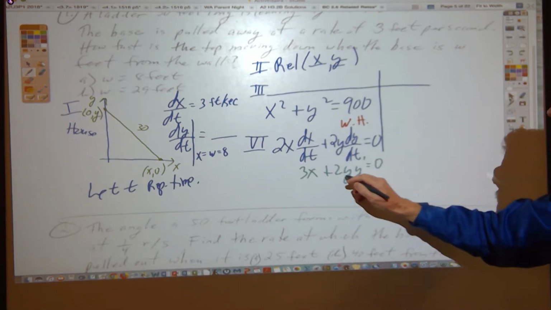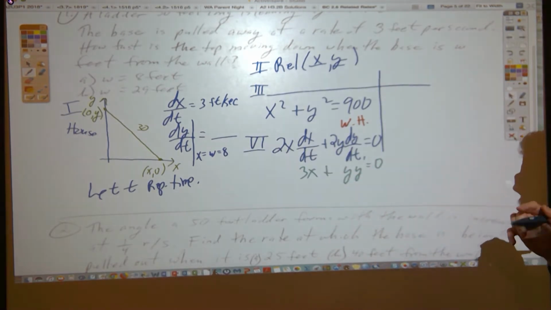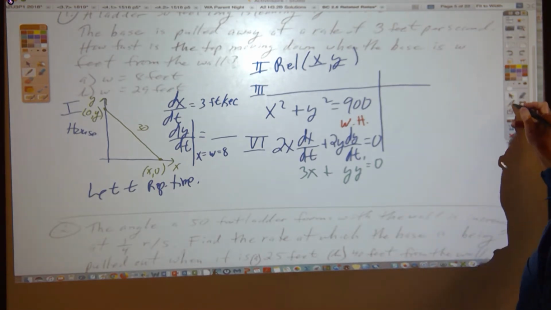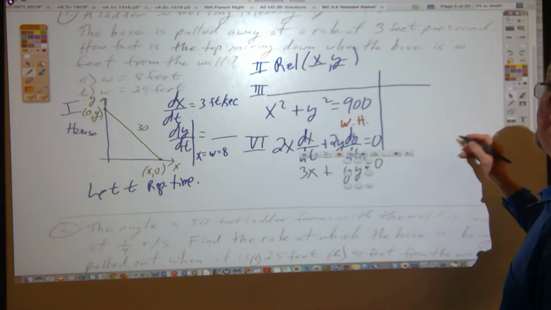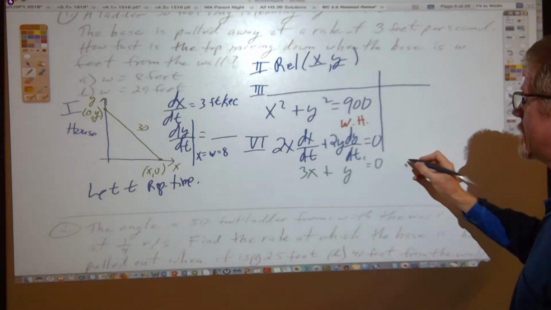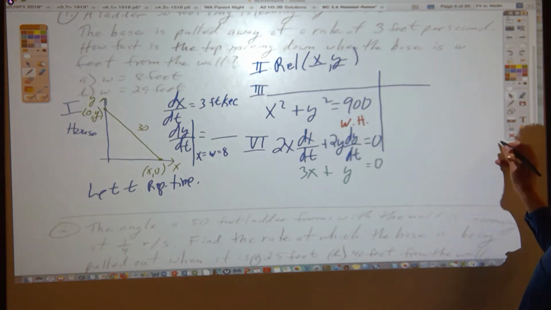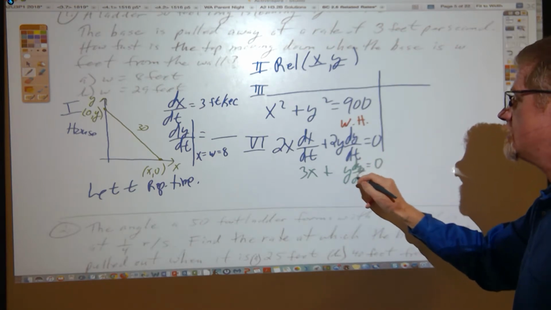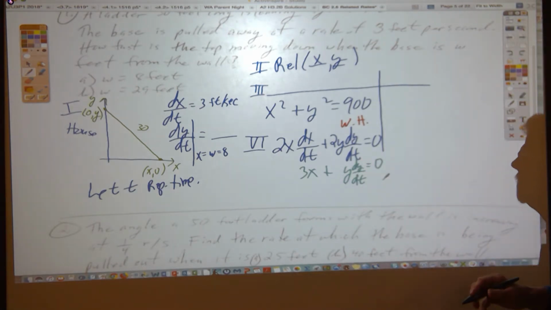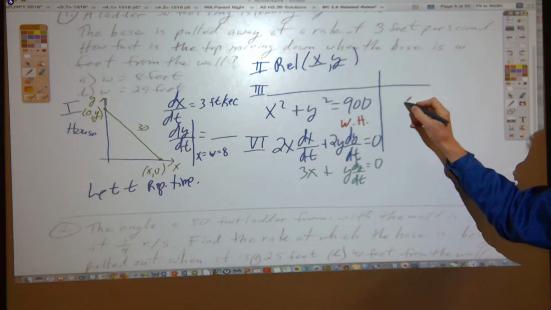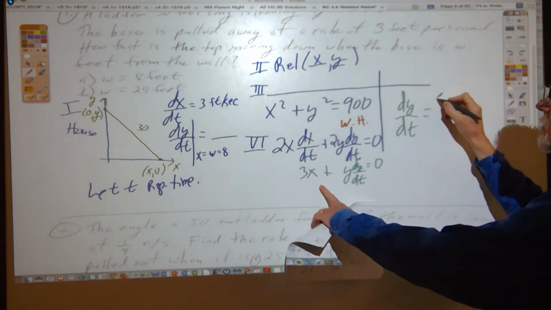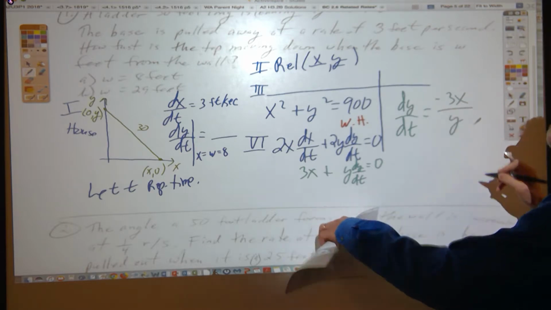There's no 2 there because I divided by 2. I don't like y prime there because people usually think dy/dx, so I'm going to put back in the dy/dt. So now, solving for dy/dt, algebra 1 dictates that the answer is going to be negative 3x over y.